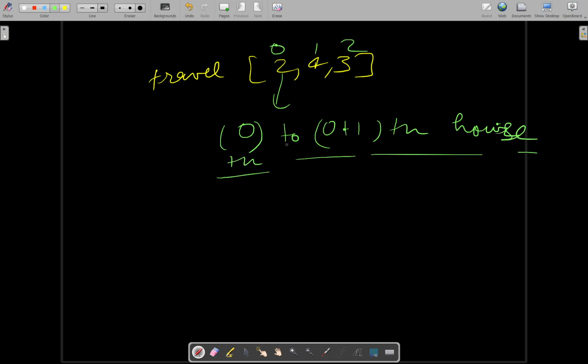So this is what the travel array is for. It will show you how much time it will take you to reach from one house to another.